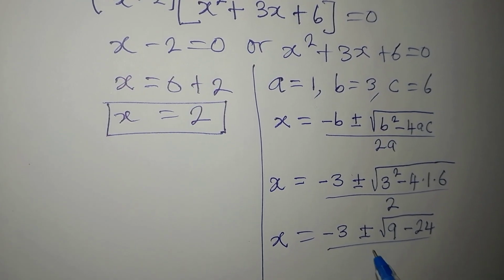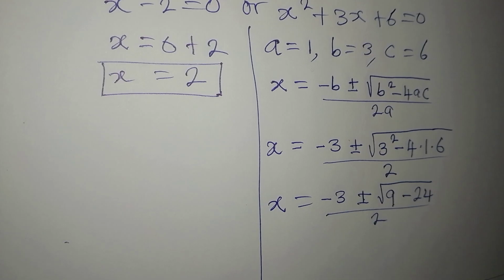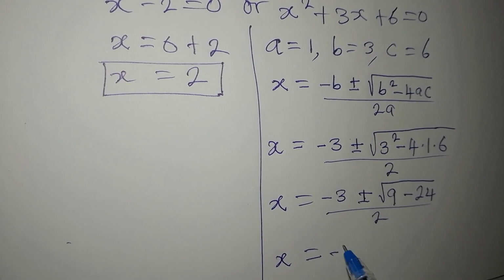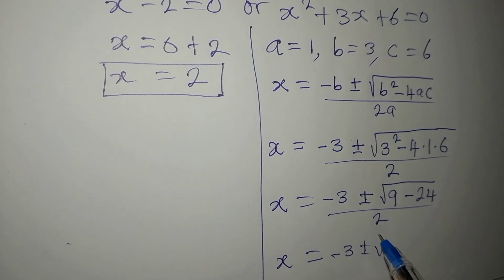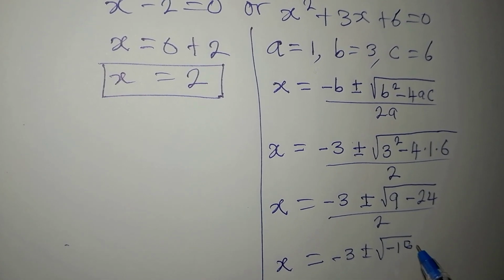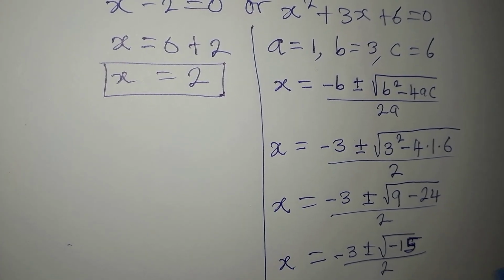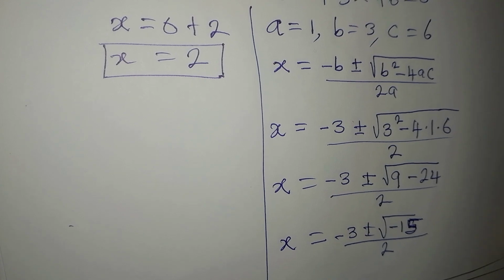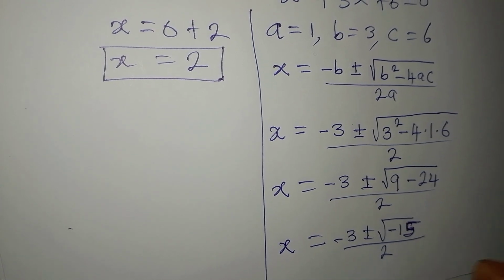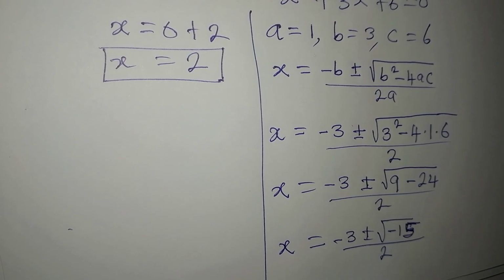Then we divide all of this by 2. So our x will be minus 3 plus or minus square root of minus 15, then divided by 2. Sometimes you'll be tempted to find the square root of 9, then find the square root of 24. That would be wrong. You have to subtract before finding the square root.